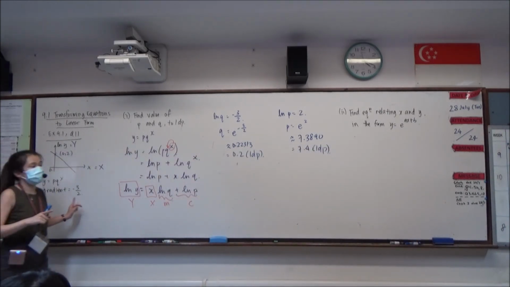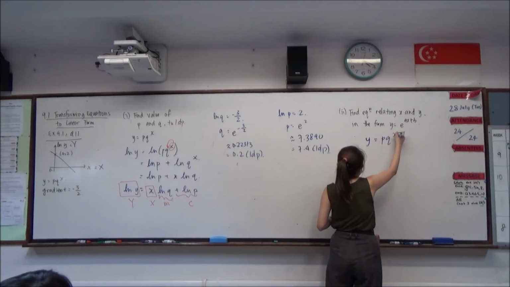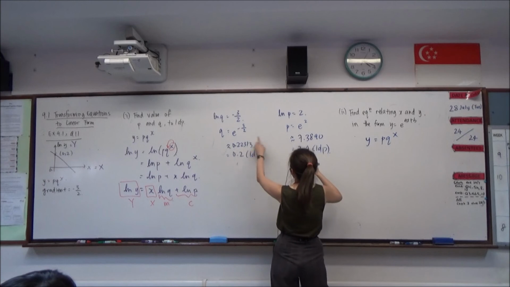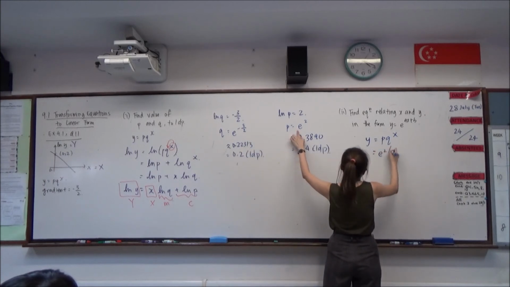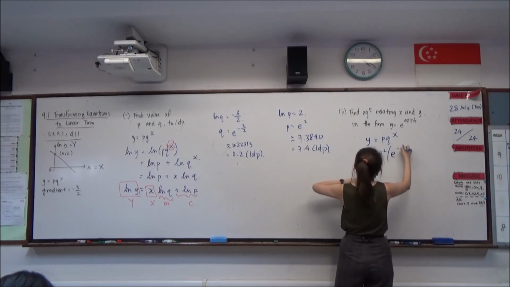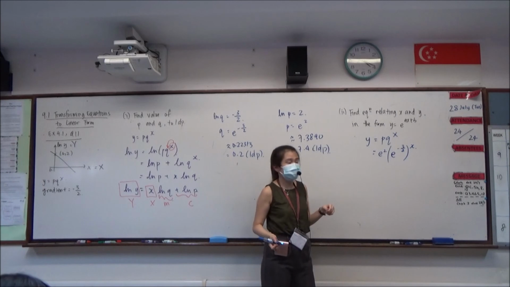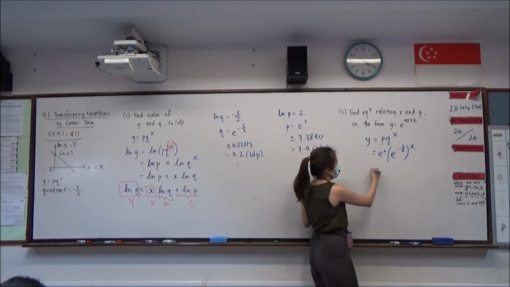So we start off with y equals pq to the power x. p we found to be e squared, the exact value. q is e to the power negative 3 over 2. Then it will be a matter of your indices laws.